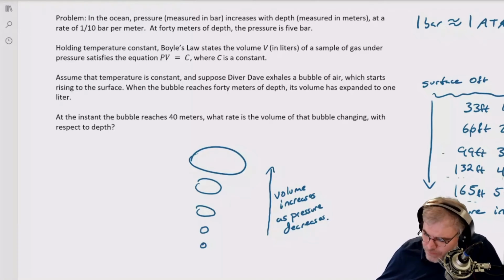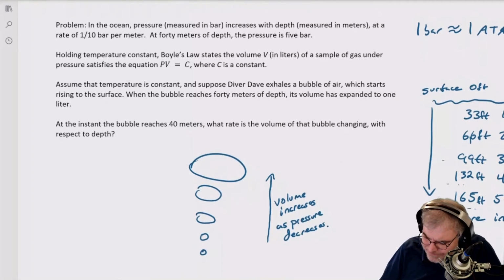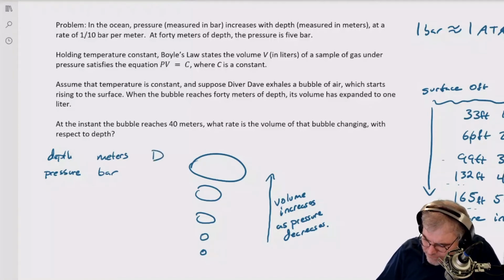Okay. So let's look at the variables here. I've got depth, that's in meters. I've got pressure, and that's in bar. I've got some C, that's a constant. Depth, I'm going to call this D, even though I'm going to hate myself for it later.